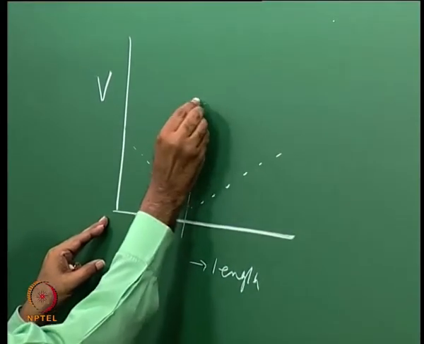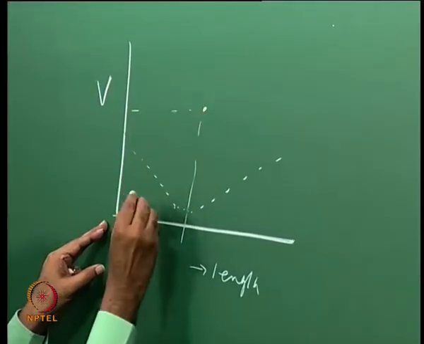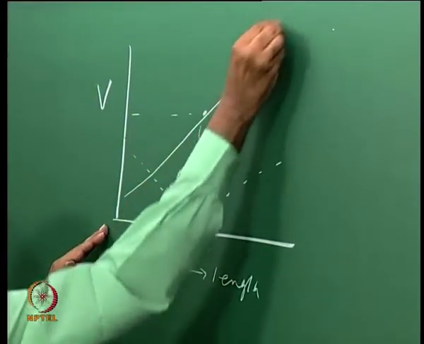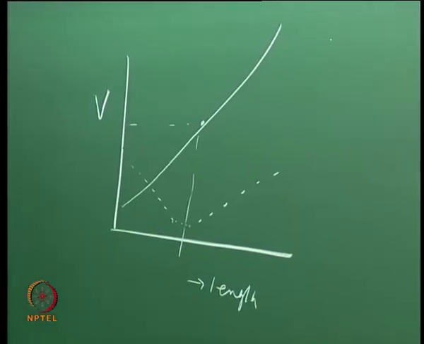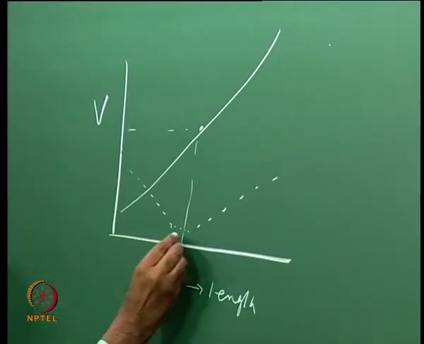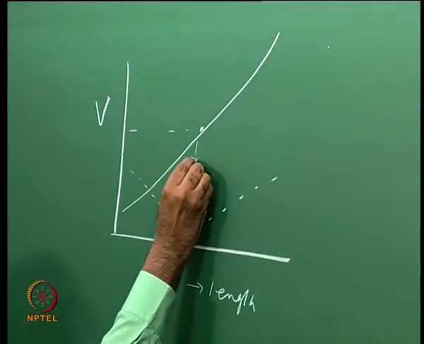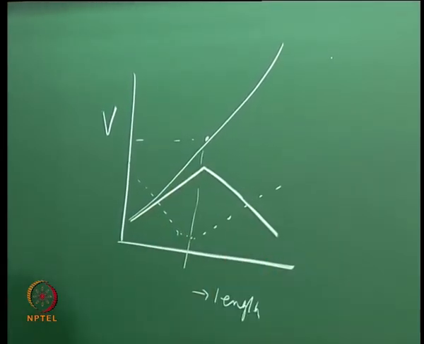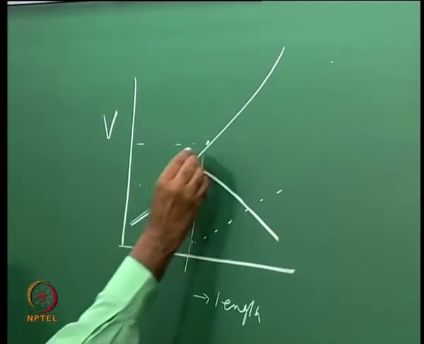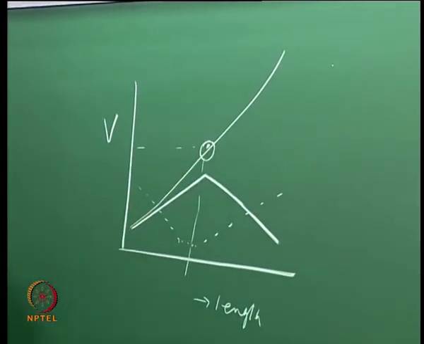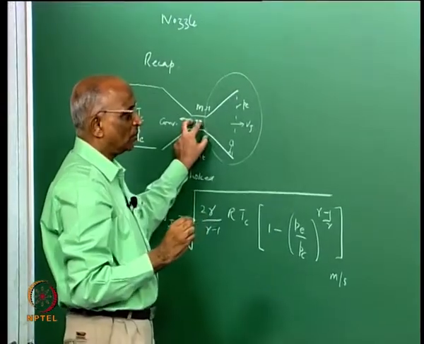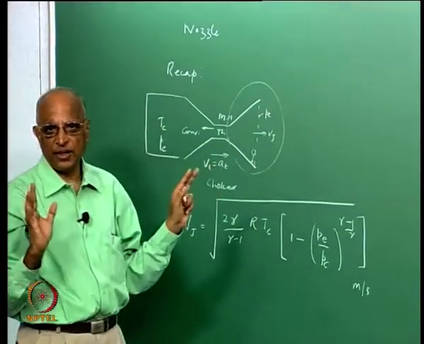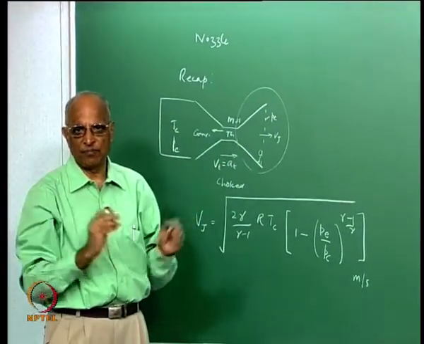This is where I get the sonic velocity, and therefore the velocity will keep increasing along the nozzle. The moment I have at the throat the velocity less than sonic, the velocity builds up and thereafter the velocity falls. Therefore, the necessity to have Mach number 1 at the throat was essential, right. I think this we must remember all the time.